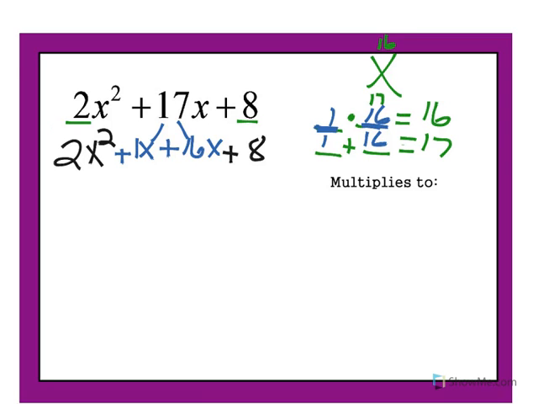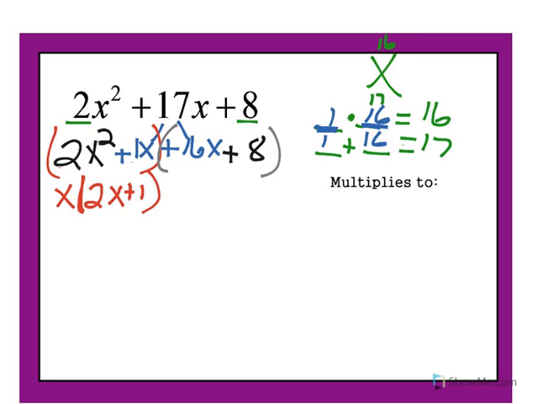Now I'm going to group the first two, and I'm going to group the second two, pull out what they share in common in red parentheses. They both only share an x. The biggest number that goes into 2 that goes into 1 is just 1. And what remains is 2x plus 1.